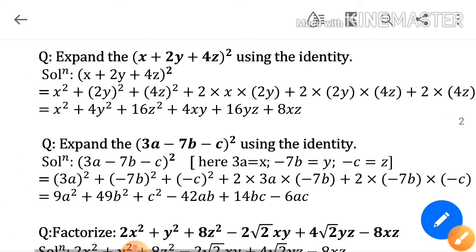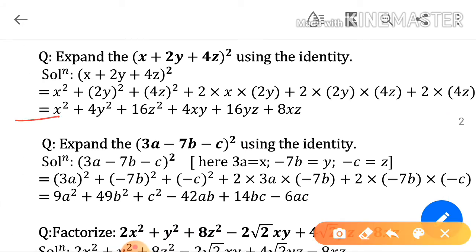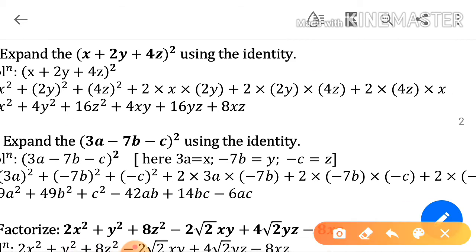Now we calculate this. x square stays x square, (2y) whole square is 4y square, (4z) whole square is 16z square, 2 into x into 2y is 4xy, 2 into 2 is 4, 4 into 4 is 16, so 16yz, and 2 into 4 is 8, so 8zx.